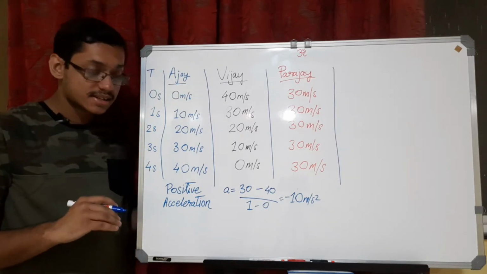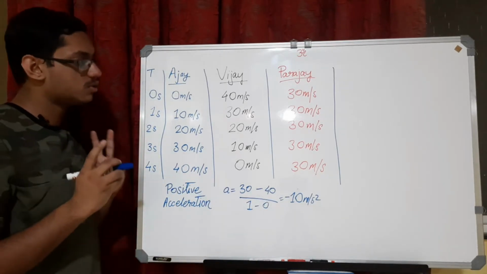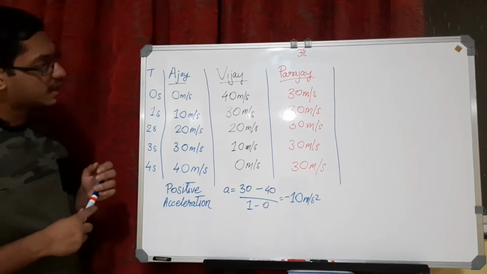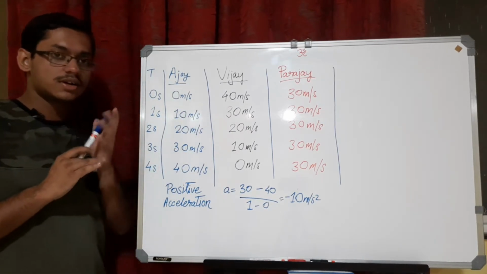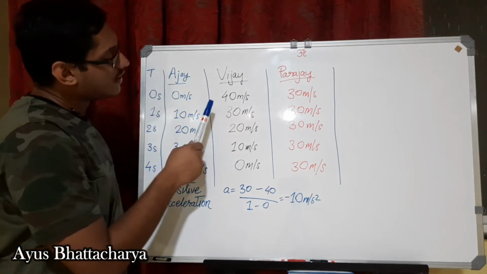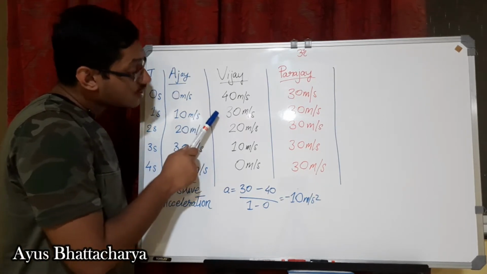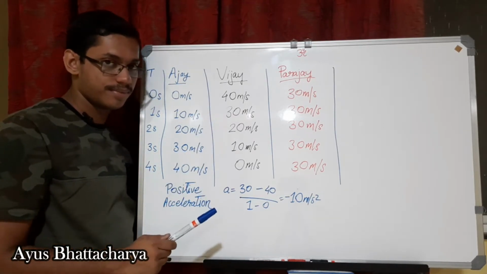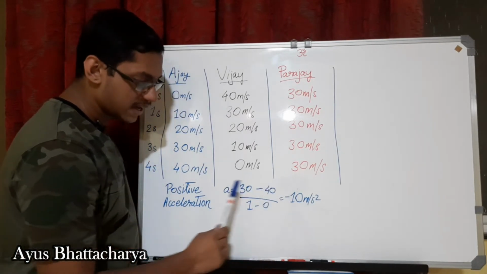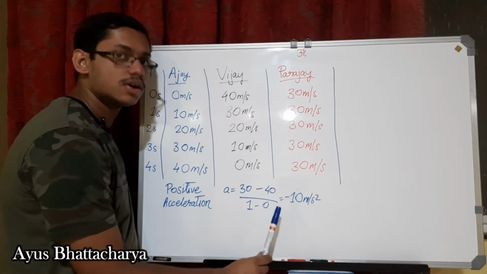It is a minus. So because it is minus, first of all understand two things. How do you know it is a negative acceleration? Negative acceleration happens when the velocity decreases with time. First thing understood. Second thing, when you calculate a, the answer comes out negative.